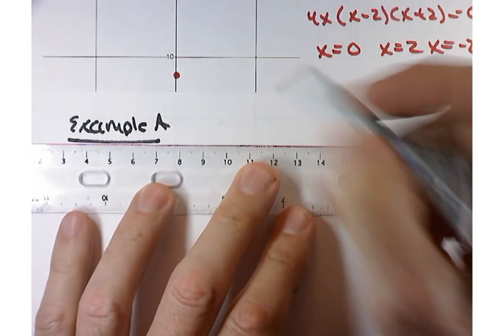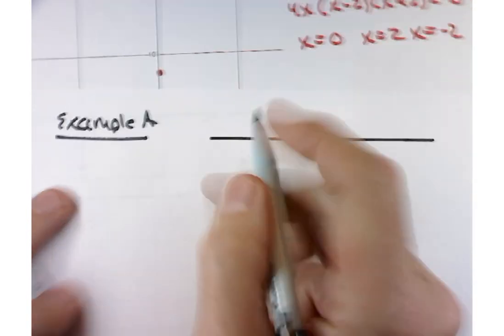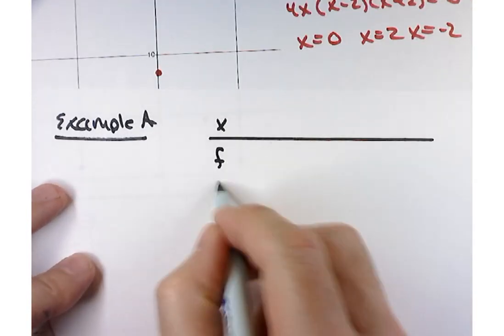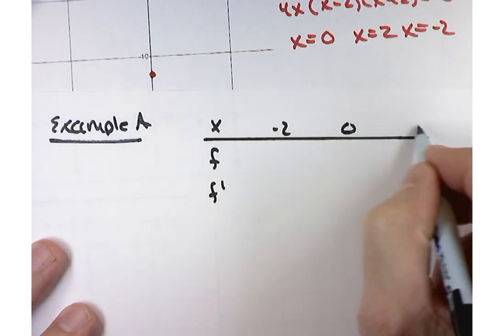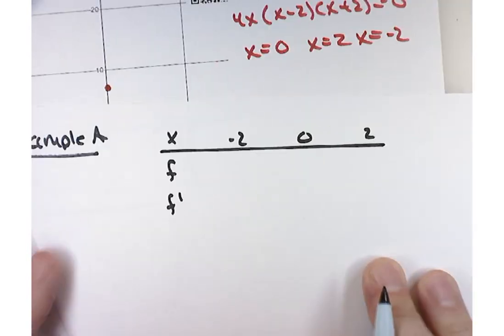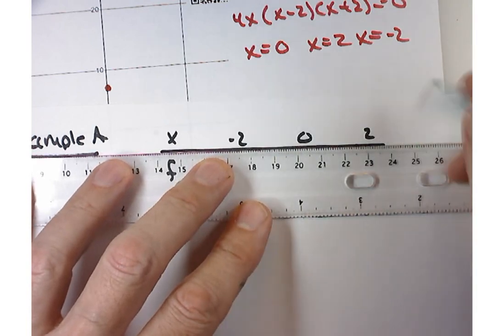They help me make sense of your work. So x, f, f prime. Got negative 2, 0, and 2. Make sure you put these across your number line up at the top in order. Otherwise, it's going to really mess you up.